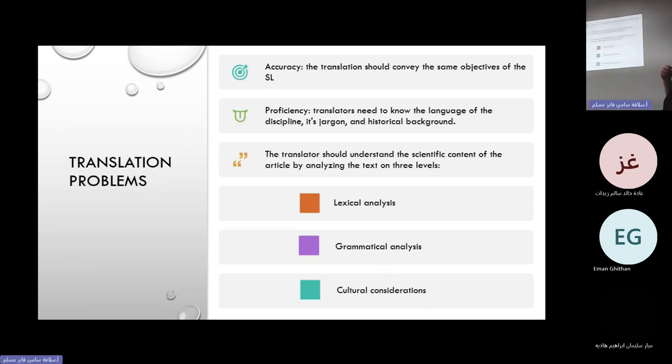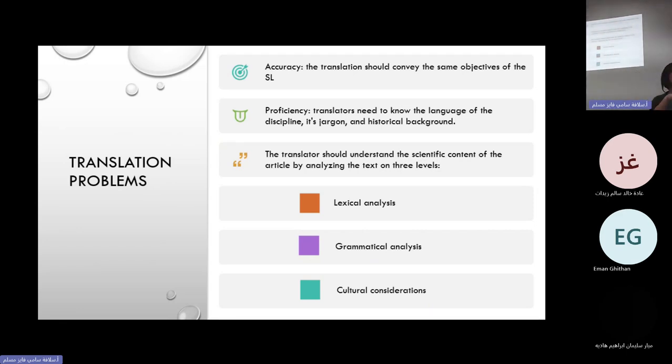The translator should understand the scientific content of the article by analyzing the text on three levels. We have the lexical analysis, and this is done on the level of the word itself. من اسمها, lexis means words, okay?